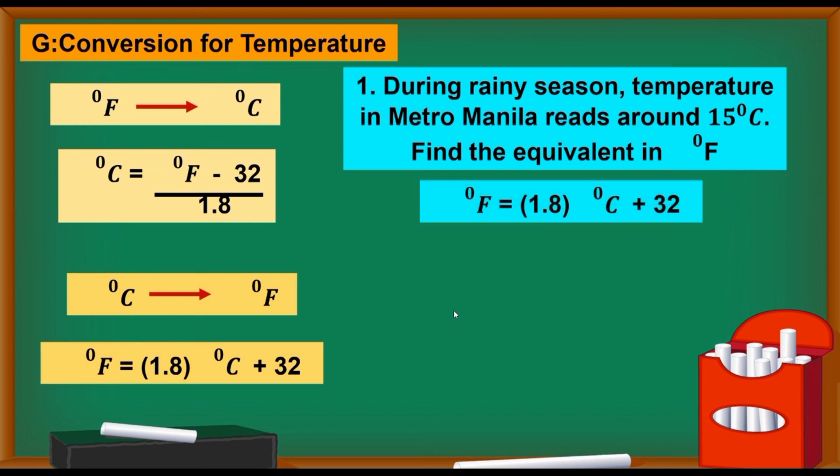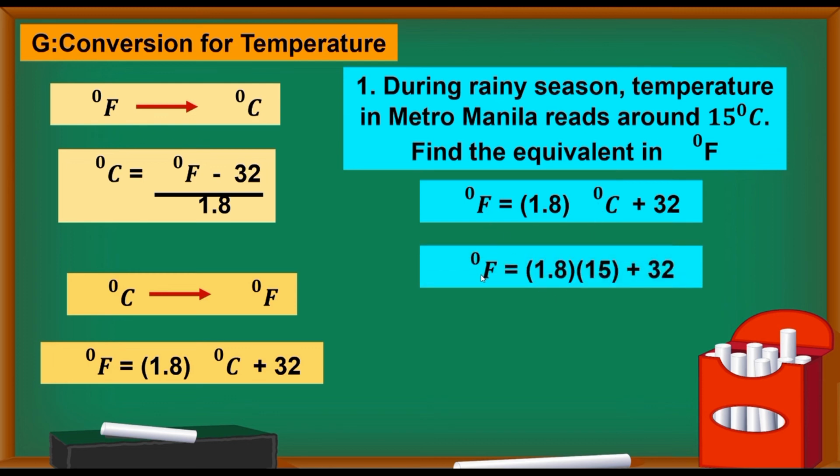So, how do we get it? Given that degrees Fahrenheit is equal to 1.8 times the degrees Celsius plus 32, we just replace the degrees Celsius. We still write degrees Fahrenheit equals 1.8, then for the degrees Celsius we put 15, and then plus 32. If you remember PEMDAS from elementary, we start with the parenthesis, then multiply.